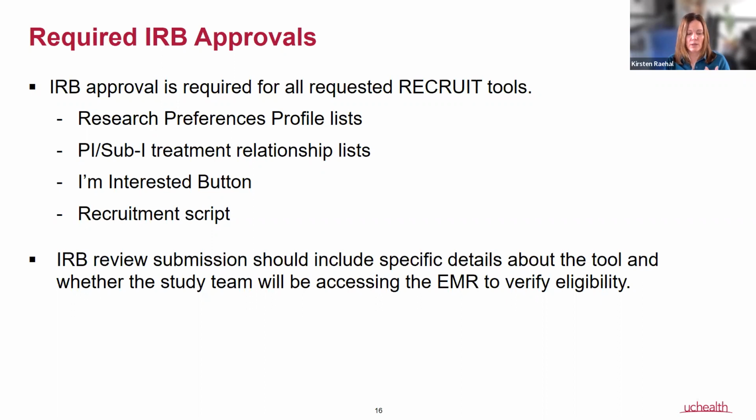And so the IRB needs to know that you will be potentially accessing an individual's EMR record to complete that step. So that should all be included in the IRB review submission request for approval.